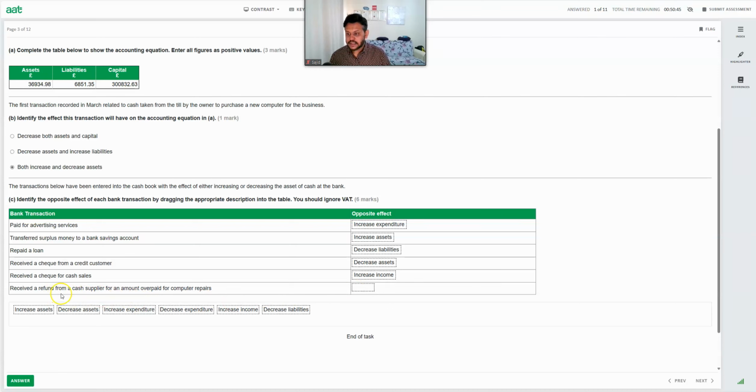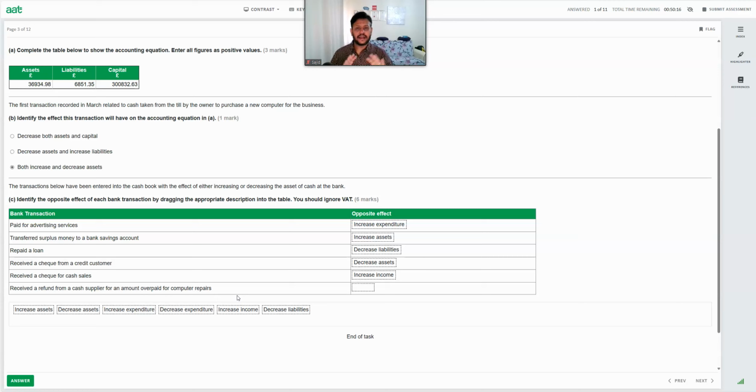Receive a refund from a cash supplier for an amount overpaid for a computer repair. Remember, if I paid something, for example, I went to the garage and they repaired my car and the bill was £100, but I paid 200, and after that they refund me. Before, I say my repair expenditure is 200, but when they refund me 100, I need to reduce my expenditure.